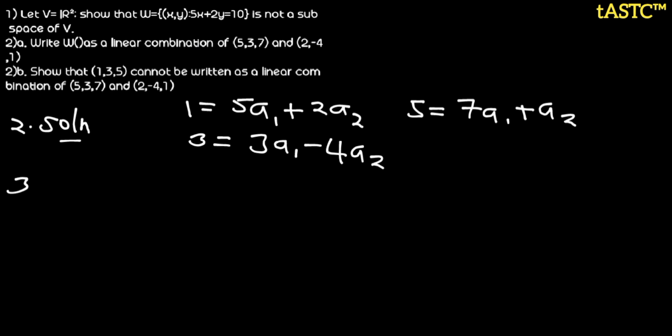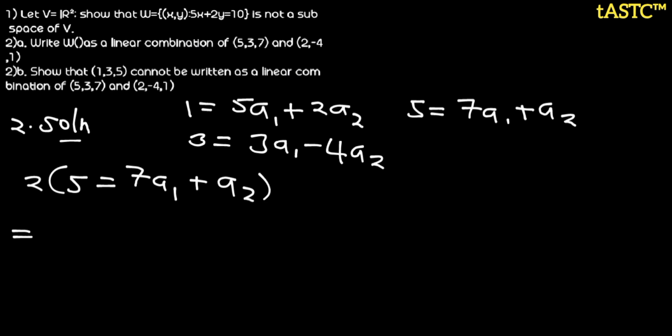So that will be 2 multiplied by that. So this is 10, and this is equal to 14A1 plus 2A2. And we also have this, so we're just going to combine it and work with elimination.